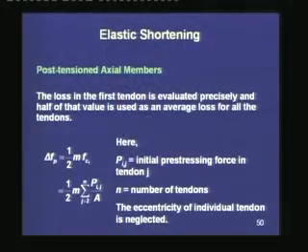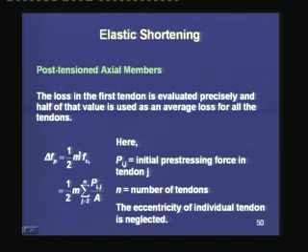To give you the more rigorous expression, the loss in the first tendon is evaluated precisely, and then half of that value is used as an average loss for all the tendons.